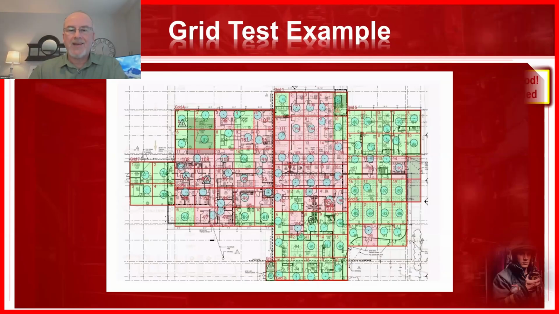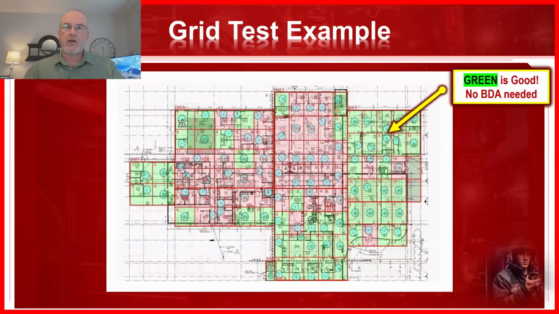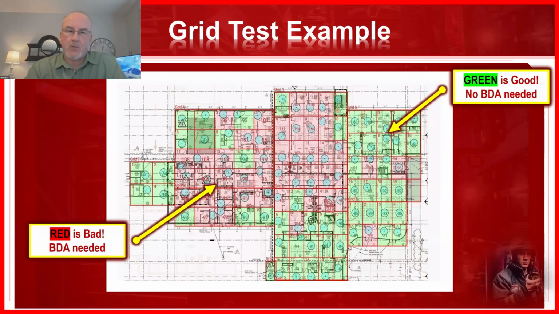Well, the green is good. So the green means you passed. And you can kind of see in this building, you've got the outside primarily that is showing that it's passing. And the red is bad. That's where you failed. And so those are the areas where you have to put your antennas to get that signal strength up so it passes in the final before you get your CO.